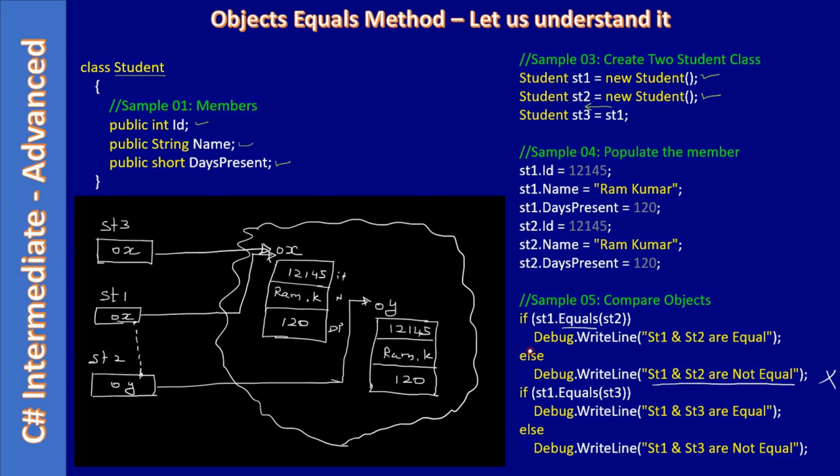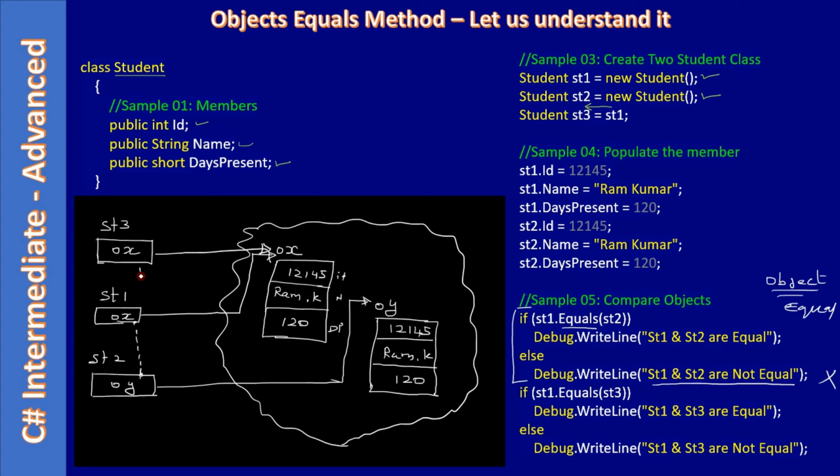So we saw that the default implementation of Equals doesn't work here. Default implementation means the object's Equals method. When we don't override it, the application defaults to the Equals method of object. Now we compare st1 once again, st1.Equals, this time passing st3.